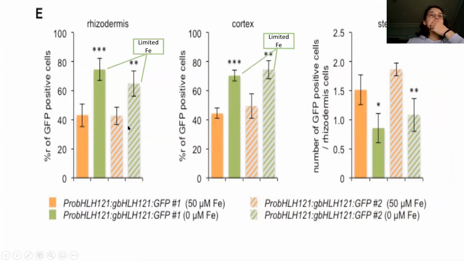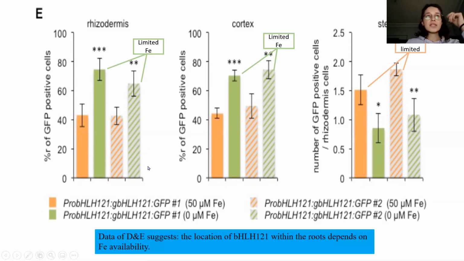As we can see, when iron is limited, the BHLH121 protein is located in the rhizodermis cell layer and cortex cell layer. However, when iron is not limited anymore, the BHLH121 protein is located in the stele. So it's a very interesting finding actually. The data of part E suggests that the location of BHLH121 within the roots depends on iron availability.